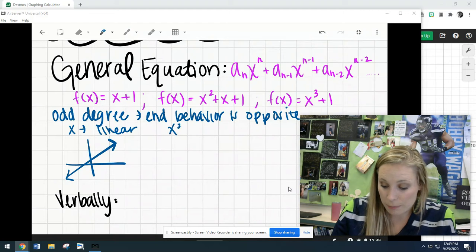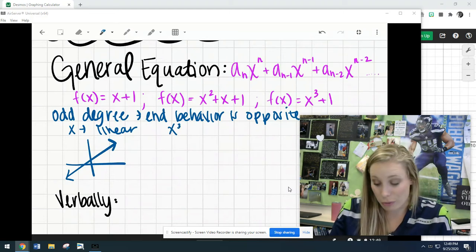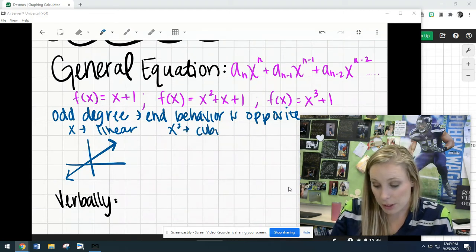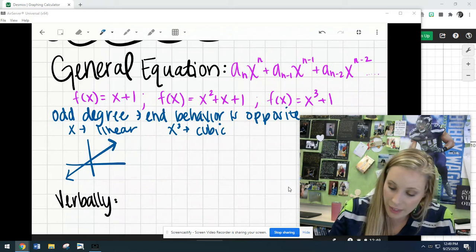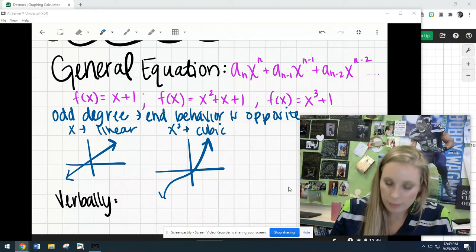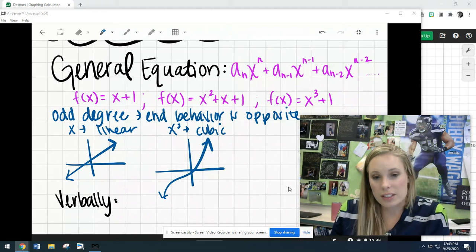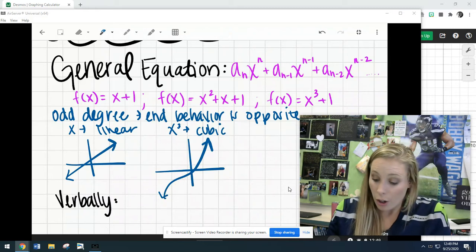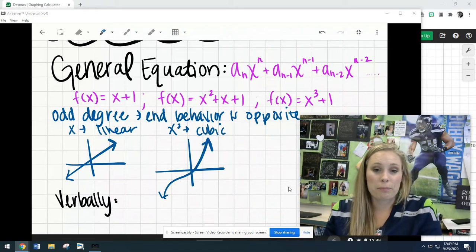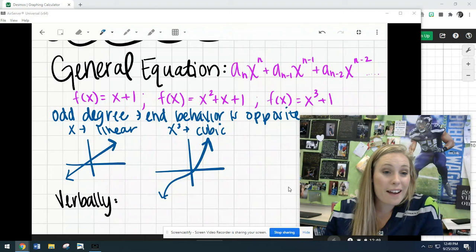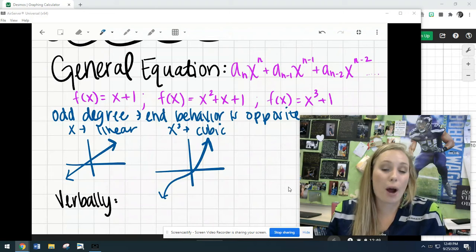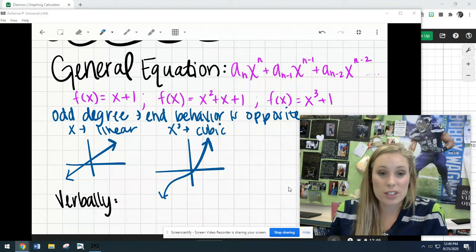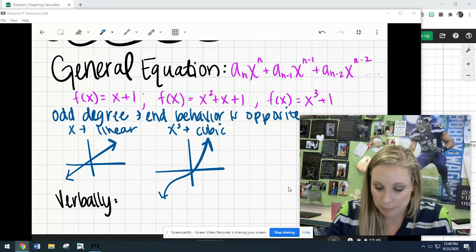X cubed is an odd degreed function. That's going to be cubic, and that function looks like this. You will notice that the ends are in opposite directions. It could be x to the 101 power, and the ends are still going to be in opposite directions.